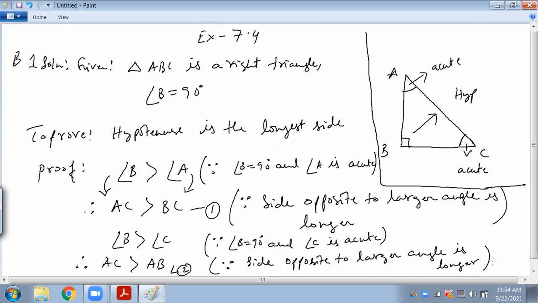So in 1 and 2, what you're getting is AC is greater than BC, and AC is greater than AB.